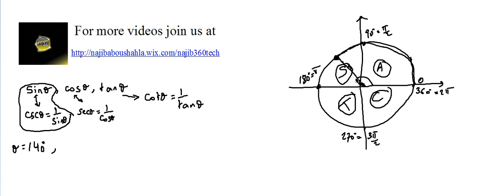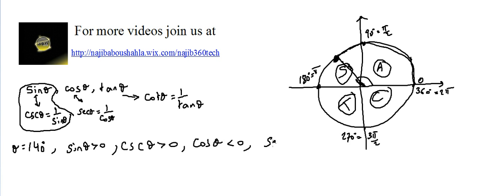So it is in the second portion, where only sine is positive. So sine is positive, cosecant is positive, and everything else is negative. Cosine is negative, secant is negative, tangent is negative, and cotangent of angle theta is negative.